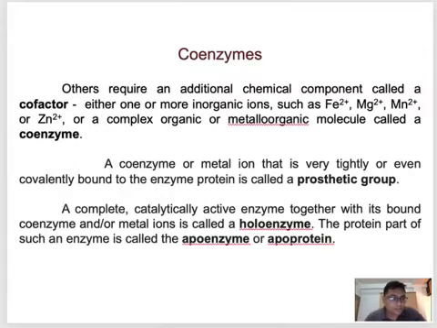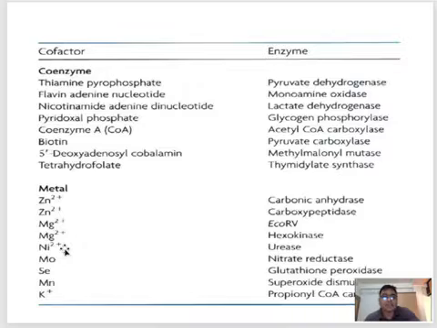This slide shows some examples of coenzymes and metal ions, that is cofactors, and their related enzymes. For example, pyruvate dehydrogenase requires thiamine pyrophosphate, and carbonic anhydrase needs zinc 2 ion as a cofactor. You don't have to memorize all these things.